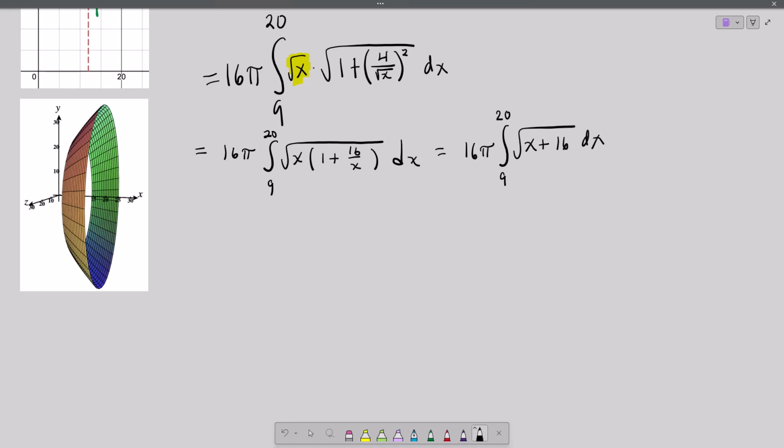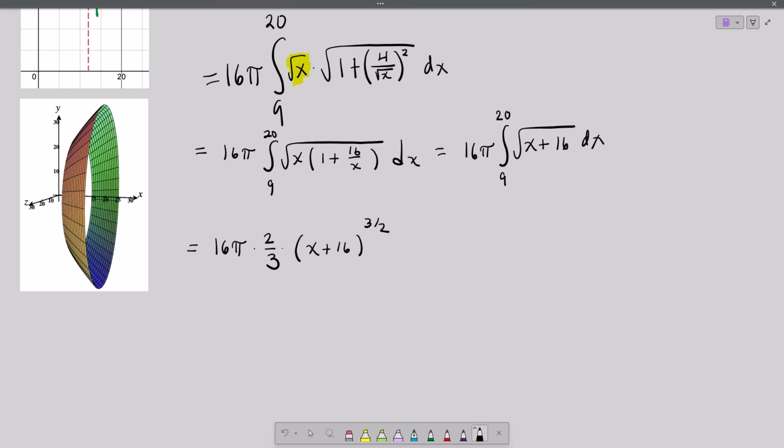That we can integrate directly. When we have a square root, we can do the power rule. We add 1 to the exponent, so the exponent becomes 3/2. And then we divide by 3/2, which means multiply by 2/3.